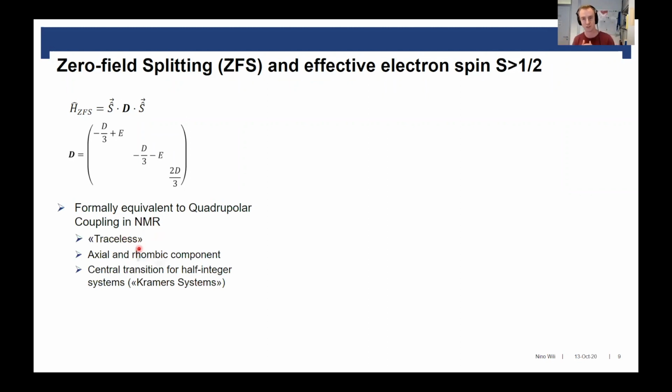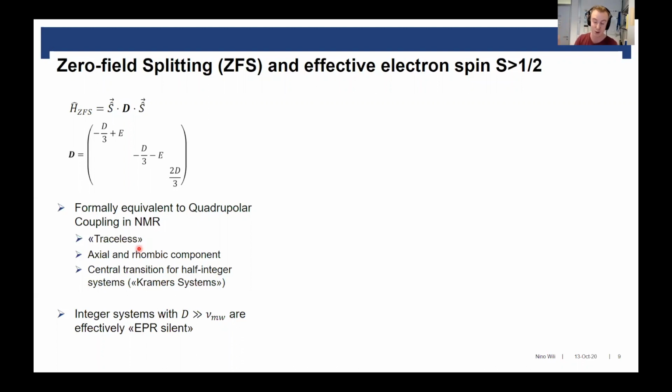If you have half integer systems, which you also call Kramers systems, you get a central transition. And then something which is probably not so familiar from NMR: if your zero field splitting is much larger than the microwave frequency and you have integer spin, then your system is basically EPR silent because there's just no transition in reach for you.